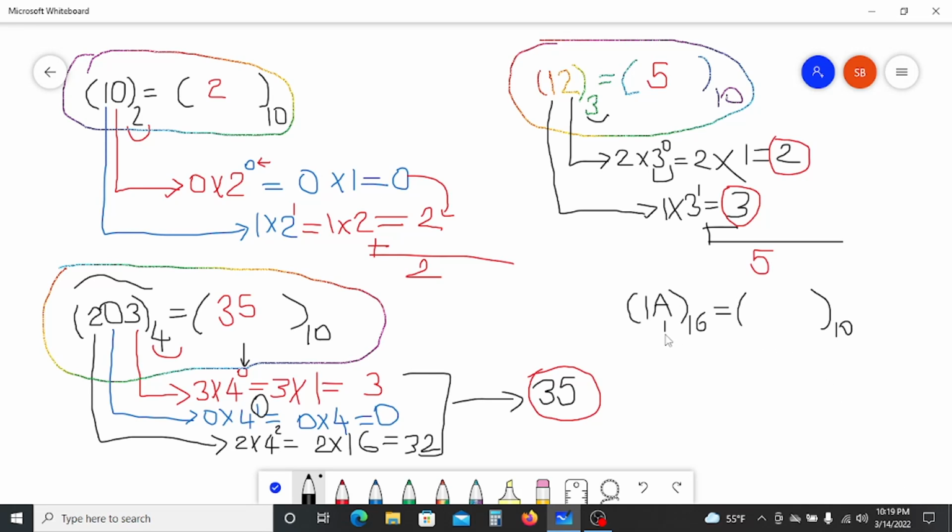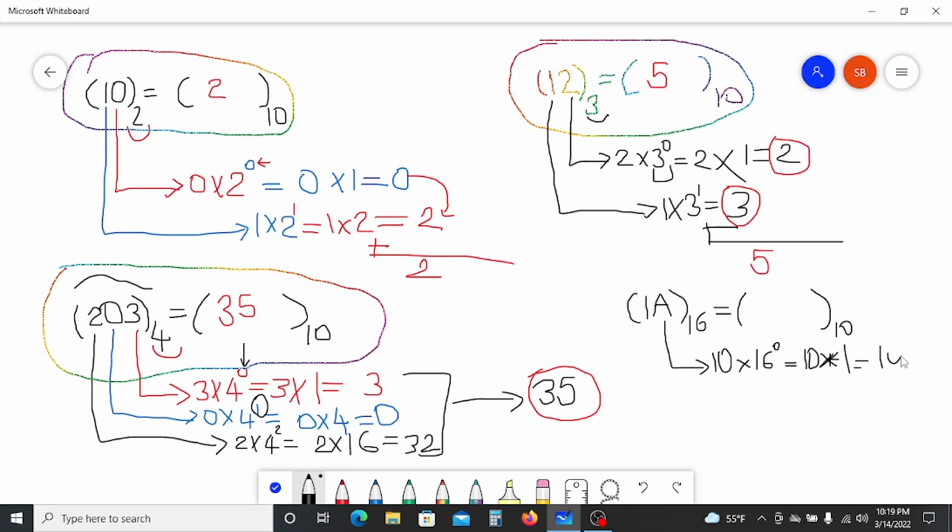Let's take the number 1A. Do you remember the digits in base 16? 0 through 9 plus A, B, C, D, E, F. This is base 16. I want to convert this one to base 10. You know, A is what? Digit value 10. 10 times 16 to the 0, again because you are starting from 0. 16 to the 0 is again 1. Sorry, this is multiplication. 10 times 1 is 10.